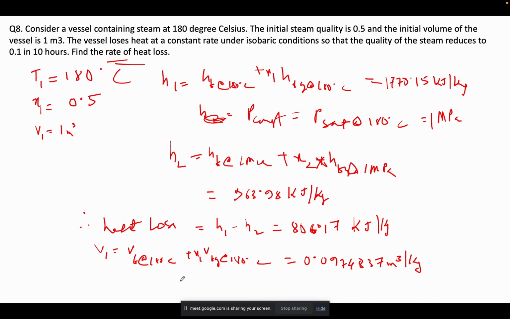Now this v1 is nothing but the total volume divided by the mass, so mass is equal to total volume divided by v1. The total volume is 1, so that will be 1 divided by v1, which is nothing but 10.258 kg.